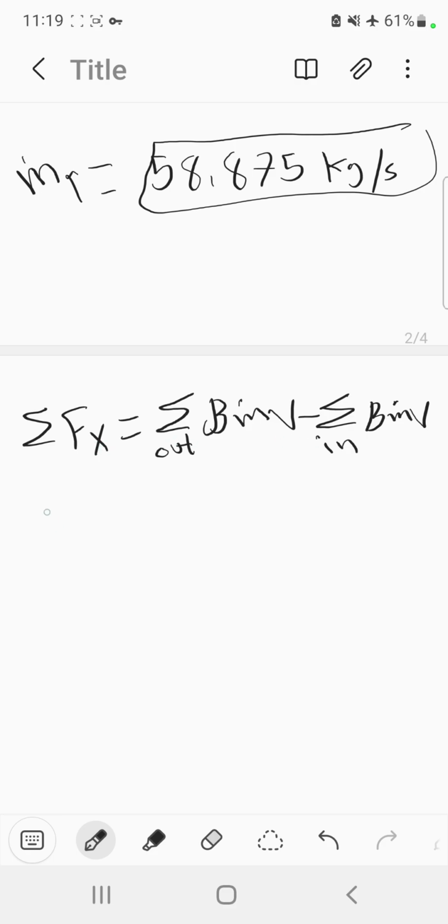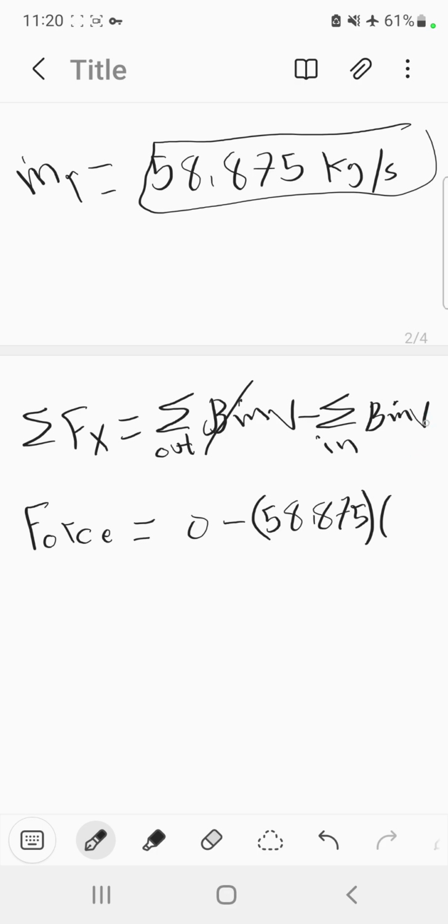Okay, so let's write force on the x-axis equal to, we know we don't have anything on the outlet, so it's going to be 0 minus. Now for the inlet, we know the mass flow rate, we got it is 58.875, and we know the velocity in the inlet, or the relative velocity in the inlet, is 30.